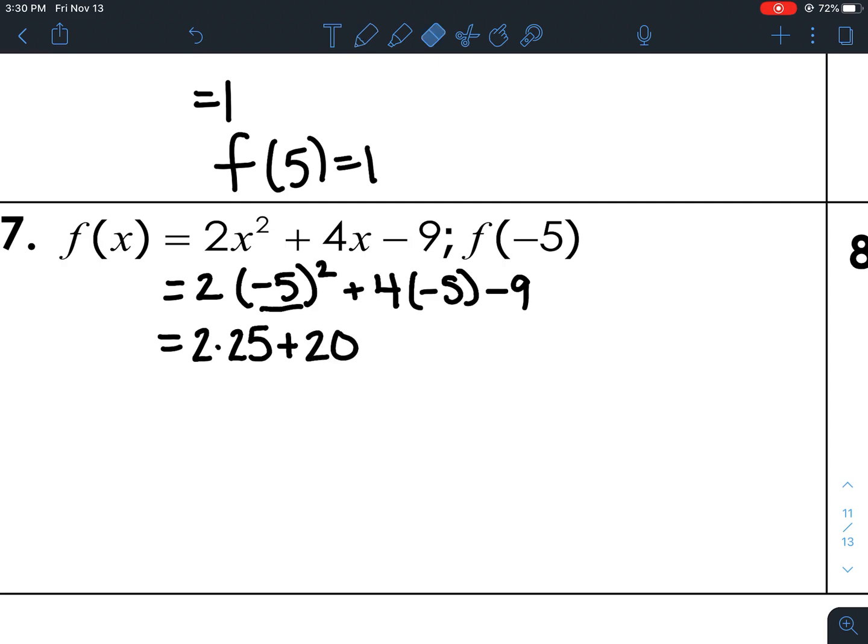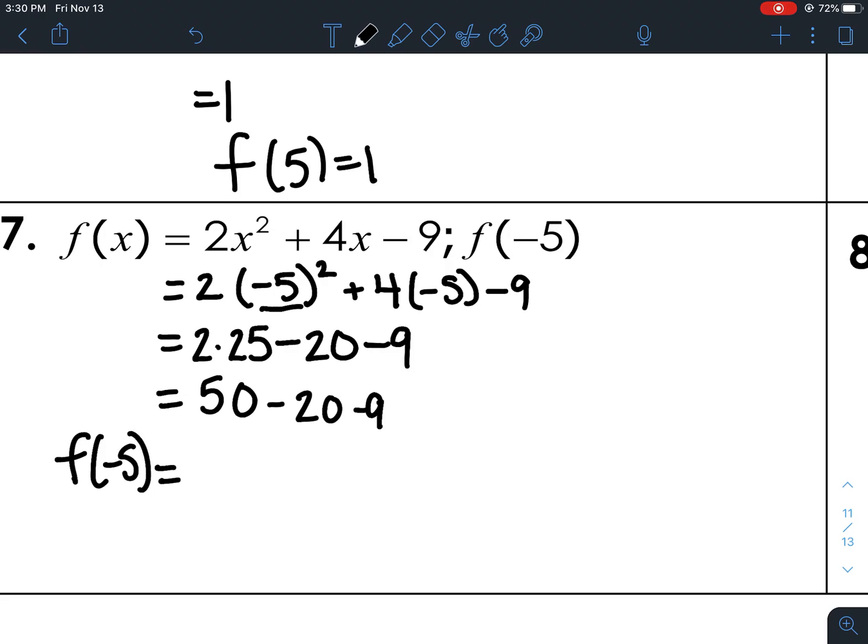That's a negative 20, so I'm going to make that minus 20 here. And then minus 9. 2 times 25 is 50. 50 minus 20 is 30. 30 minus 9 is 21. So we have f of negative 5 equals 21.